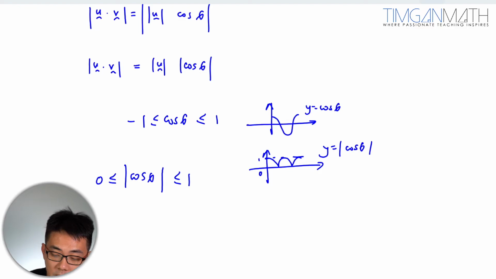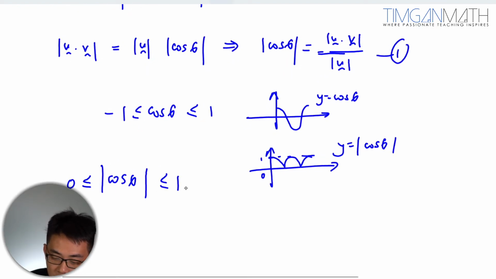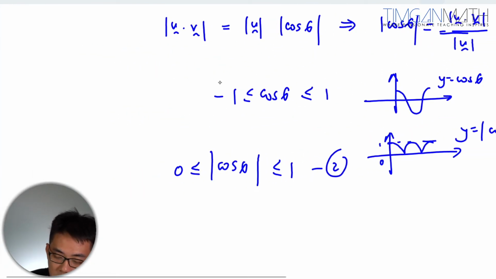Because we know from here that modulus cosine theta is equal to modulus u dot v over modulus u, since modulus v is 1, what we can do is just replace 1 into 2. We know this is what we learned in secondary school, so this will give us this.